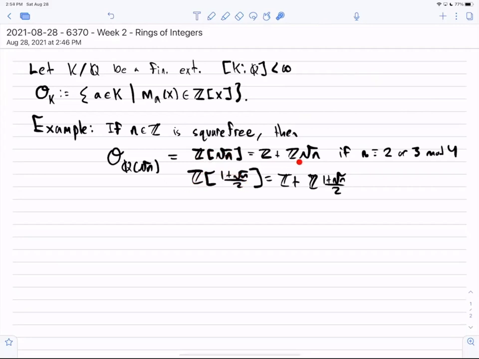And this is saying that as Z modules, this is a spanning set, so 1 and square root of n.